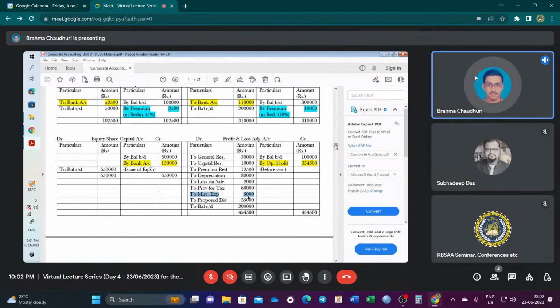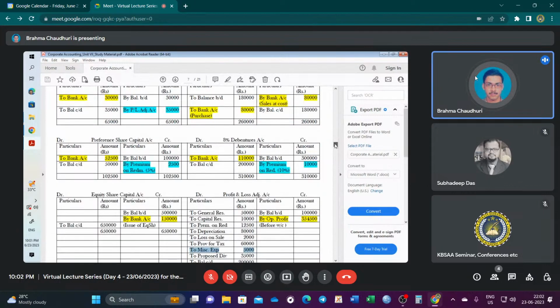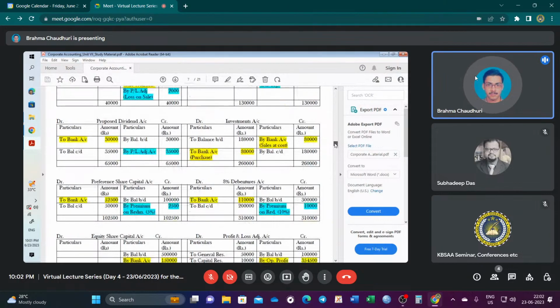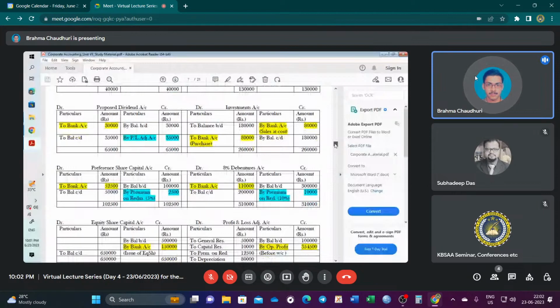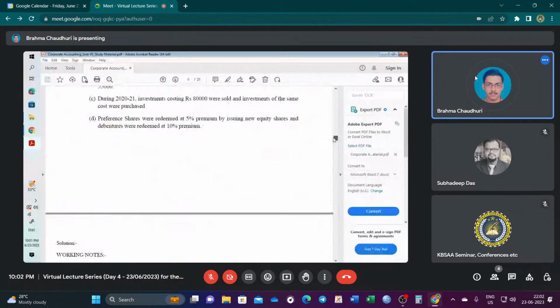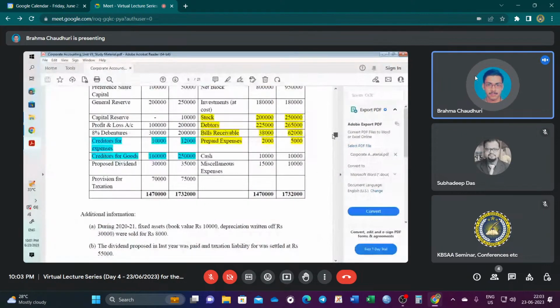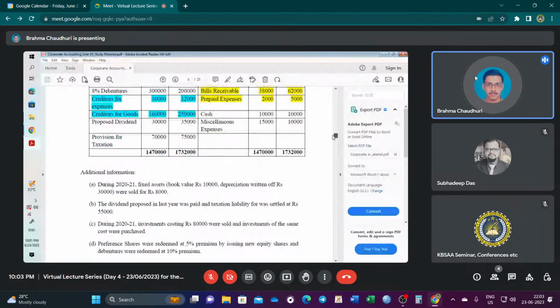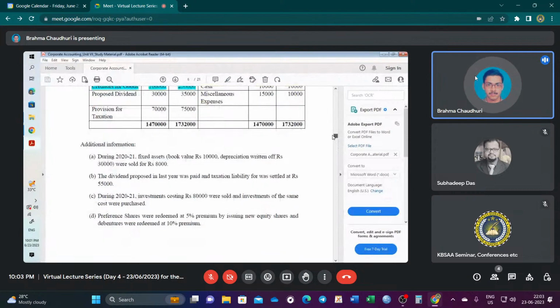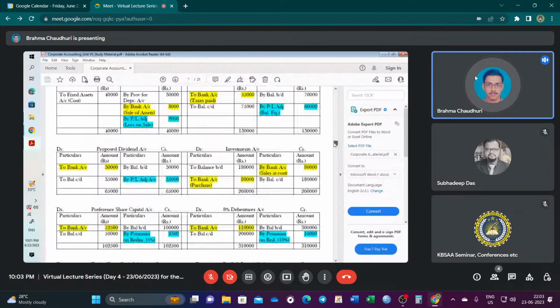And before we move to the cash flow statement, we will just solve the preferential capital, debenture, and investment that have been sold and purchased. Investment is very simple because the investment opening balance was 1,80,000 and closing balance was also 1,80,000. During the year, investment costing 80,000 was sold and investment of the same cost was purchased. That means there was neither any profit nor any loss. So simply we are preparing this investment account.